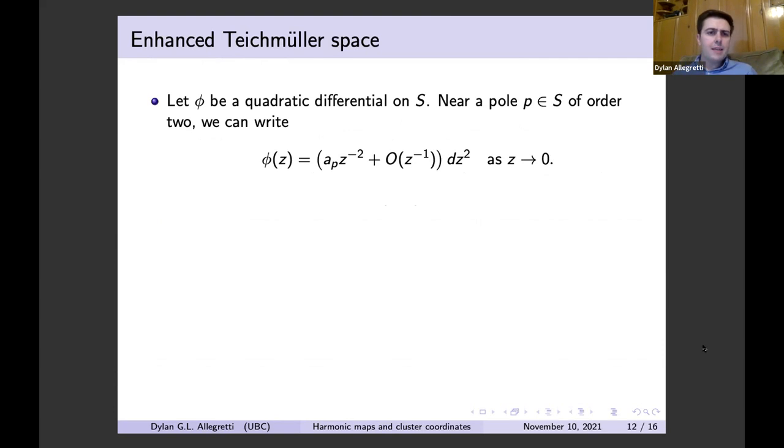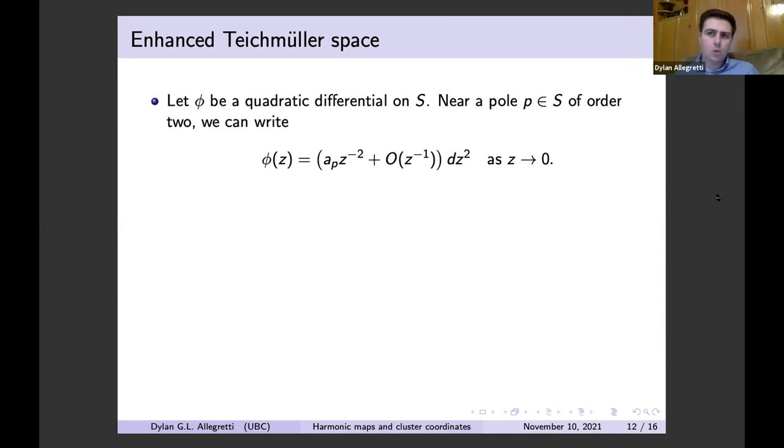Let's say that phi is a quadratic differential on a Riemann surface, and then near a pole of order 2 of that differential, we can write the Laurent expansion in this form. So near a pole of order 2, this quadratic differential looks like some Laurent expansion with a term of the form z to the minus 2 times dz squared.